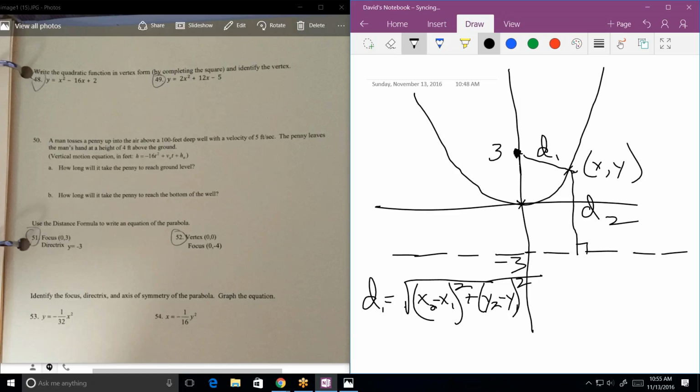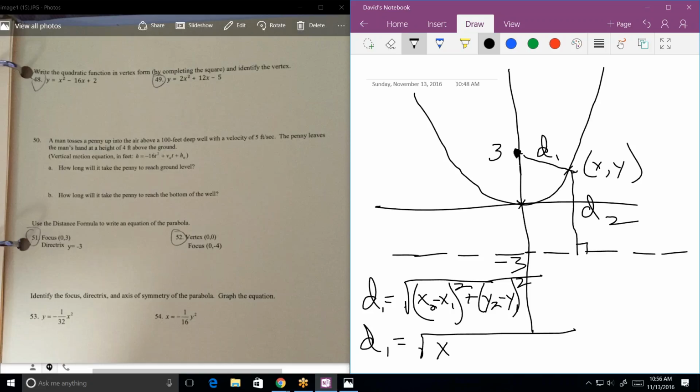Well, d1 is the square root of x sub 1 minus 0. I can do these in any order I want, incidentally. I can do x sub 1 minus x sub 2 because I'm squaring it, so if it's negative instead of positive, it doesn't matter.